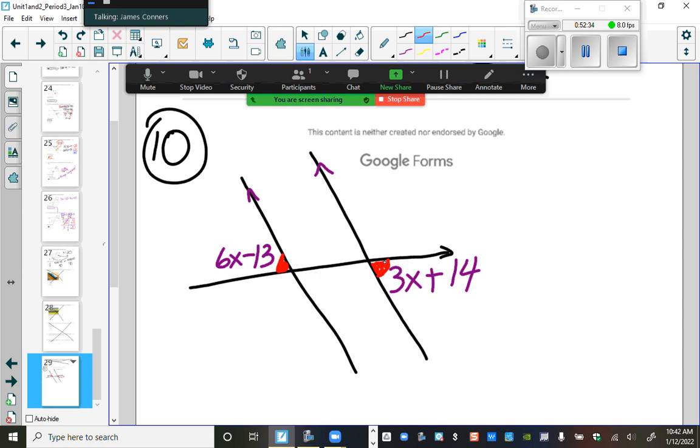Now, given this problem, what you're going to do is the following. First off, what's the relationship here? We have those two angles. I know my drawing's not the best, but those two angles in those two spots. What type of a relationship do we have between these two angles?